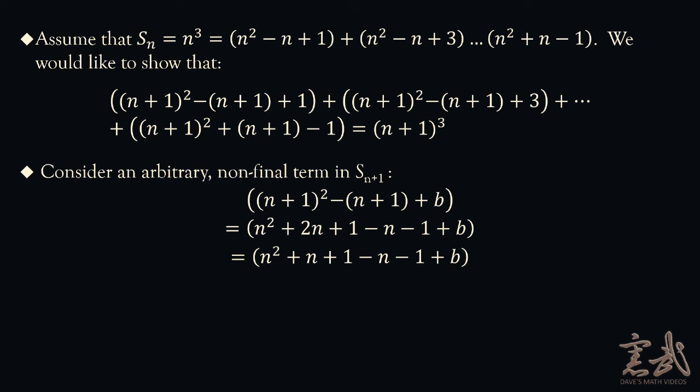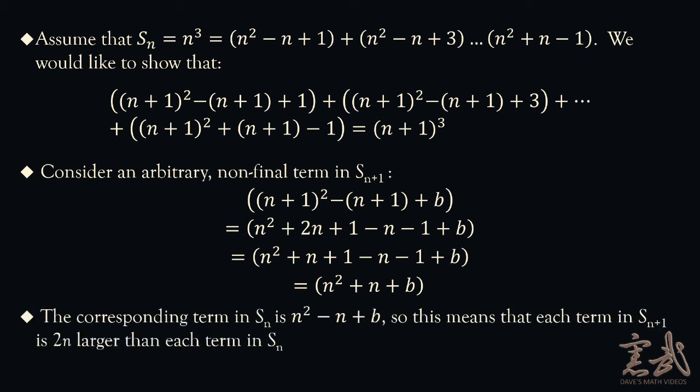Combining like terms, we will eventually arrive at n squared plus n plus b. Now we compare this to its corresponding term in the sum s sub n, which happens to be n squared minus n plus b. This means that each term in s sub n plus 1 is 2n larger than each term in s sub n.